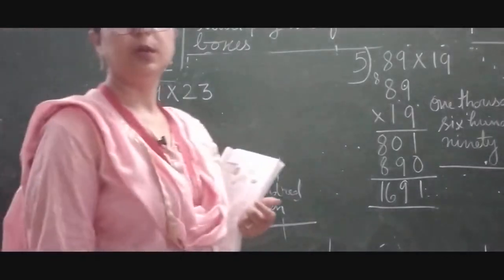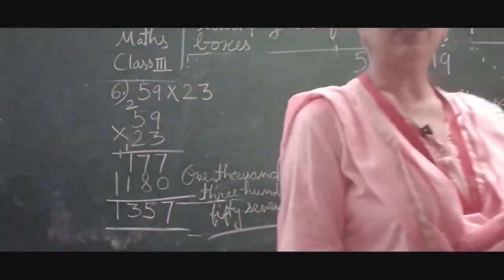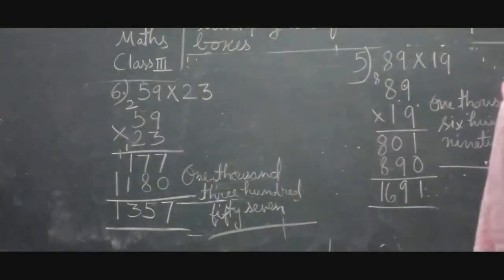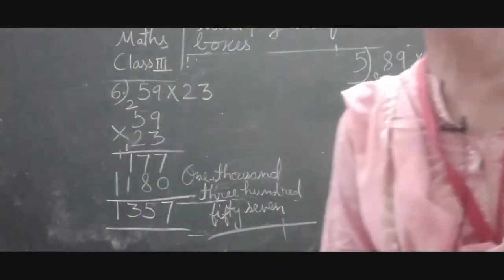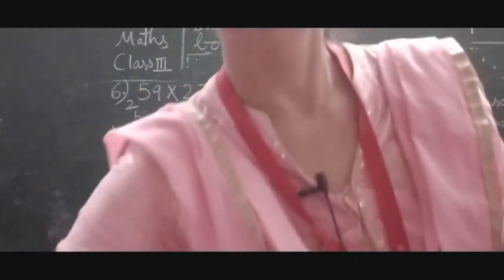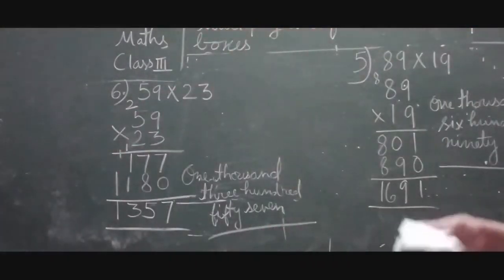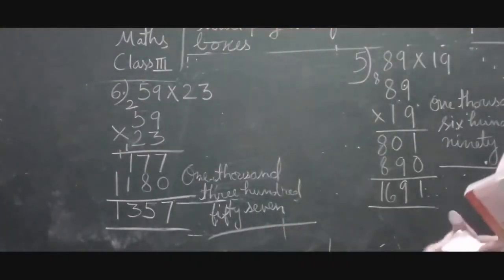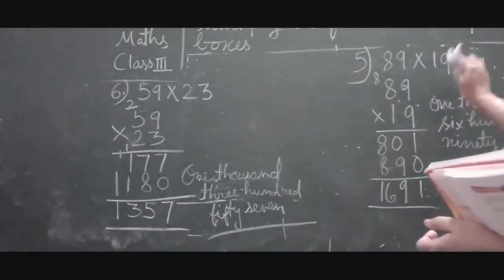So complete it. We have done this number 6. Now we are moving to do number 7, children. So 6 you just completed. Now we are going to do number 7.